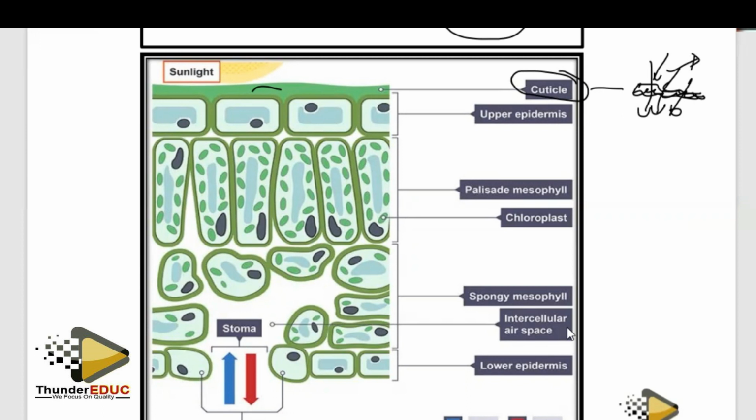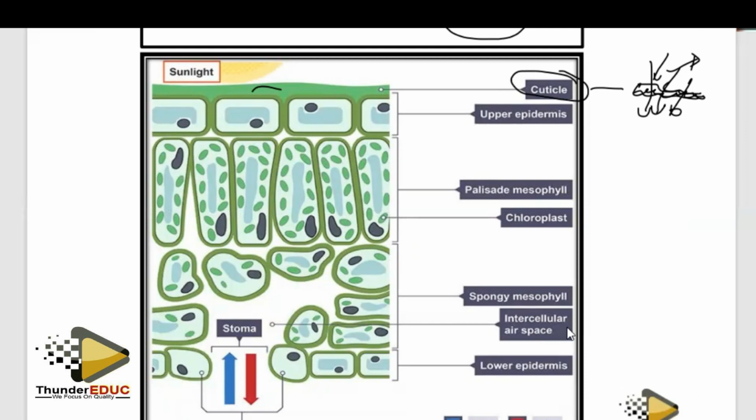It means that the cells inside the leaf wouldn't do the job. Therefore, for the cells to receive the light from the sun or from any source, they have to be covered with a transparent cuticle, so that light can be allowed to go through.